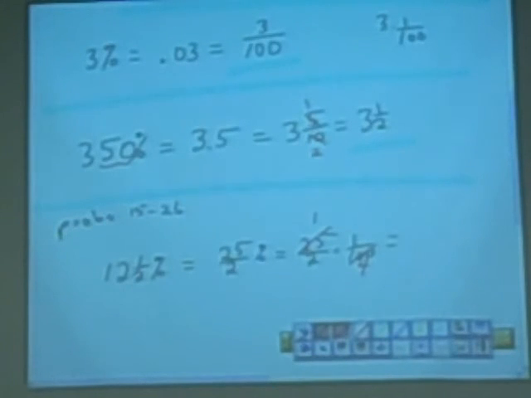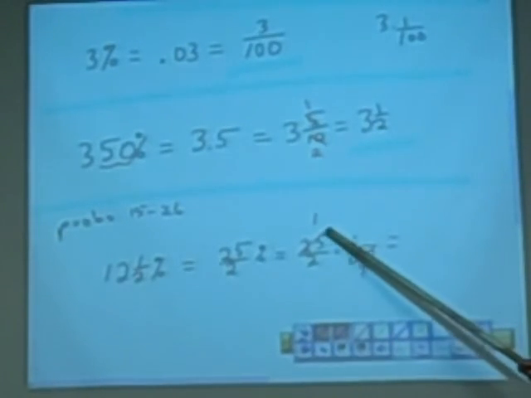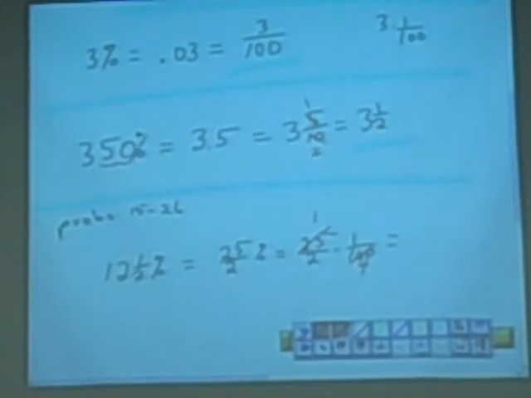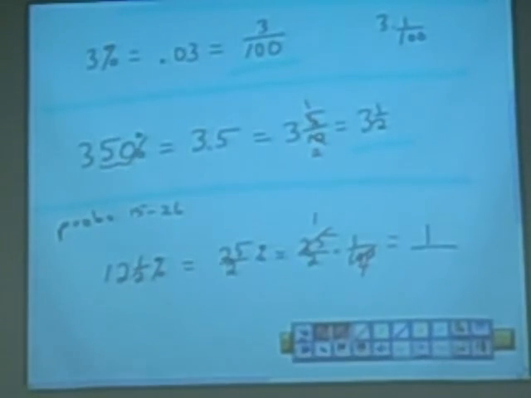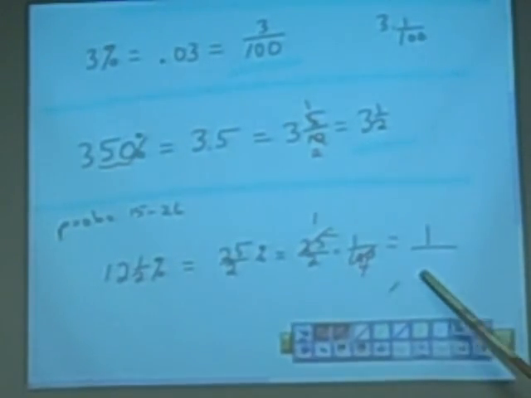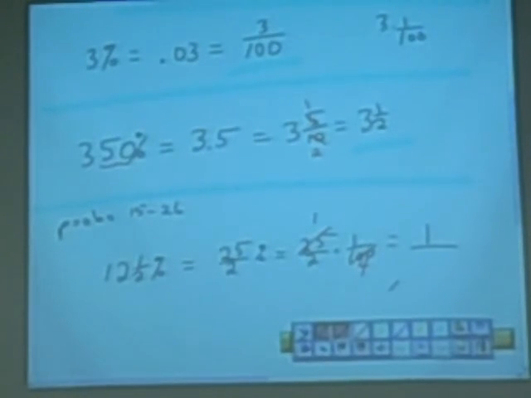So now we've got, what do we have in the numerator? 1, right? And how about the denominator? We have 1 times 1, 1. 2 times 4 is 8, right? And so we have 1/8. Alright, let's try another one like that.